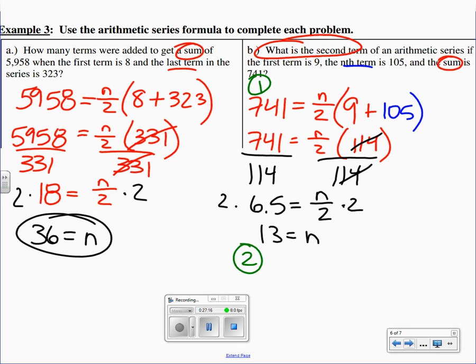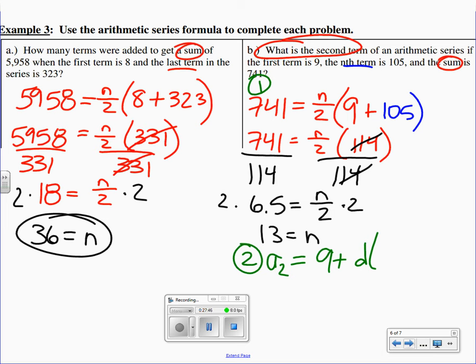So I think that's where I would try next if I was doing this on my own. I would try the black formula. So I'm trying to do the second term. So A2 equals, do I know the first term? 9. Do I know D? No. So right here I have to stop because I have 2 letters and there's no way to solve something with 2 letters in it.